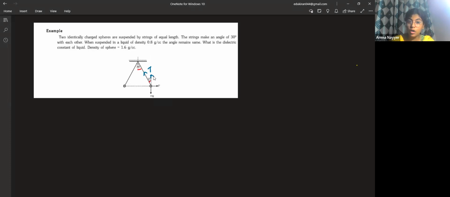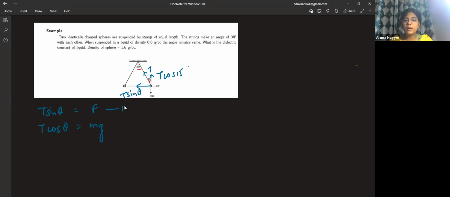Cos 15. Cos theta, right? This becomes T cos 15 degree and this will be T sin 15 degree. Yes, this will be T sin theta and T cos theta. Now see, let's see what all things are balancing each other. T sin theta is equal to the electrostatic force, and T cos theta is equal to mg.